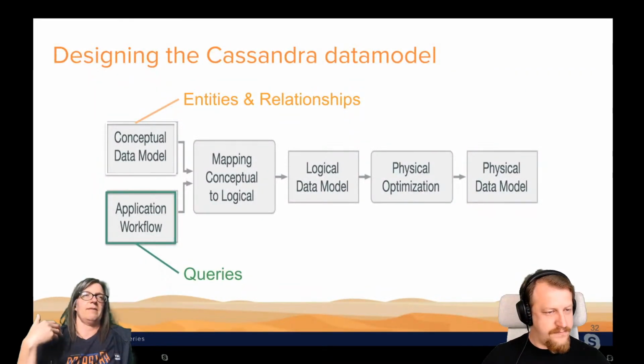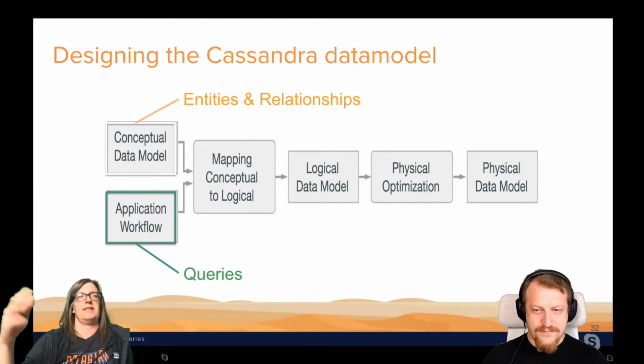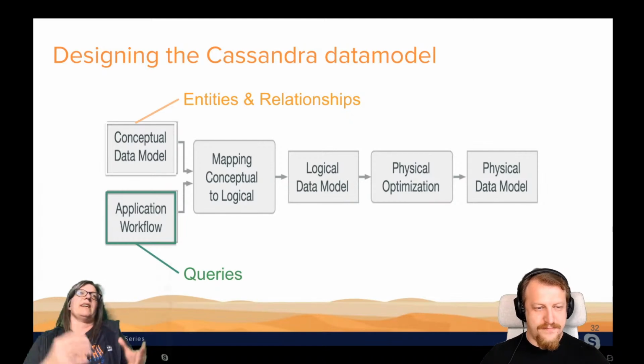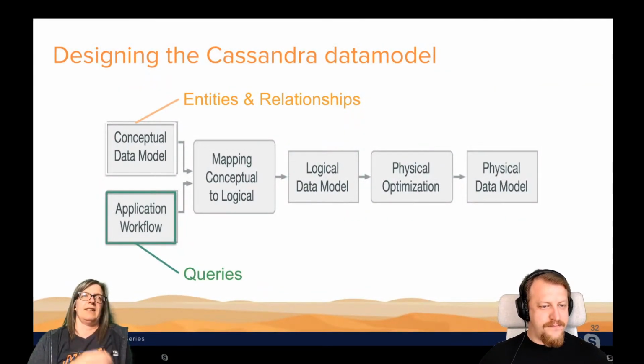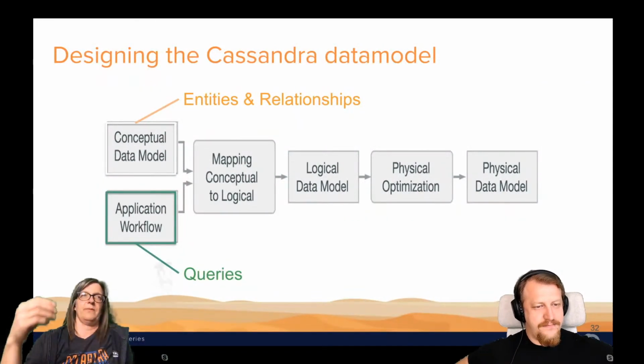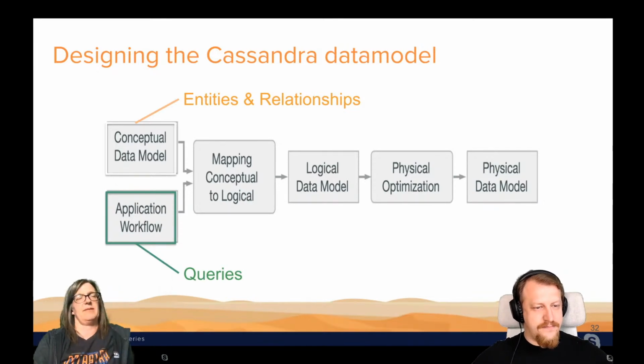So you want to be very clear what you're asking from your data, so you can lay out the data in Cassandra in such a way that you can serve it immediately, so that we don't have to go to lots of different tables and assemble the answer to our query. We just want to go quickly to one table, get the answer to our query, and take it back. So that is the concept behind Cassandra.